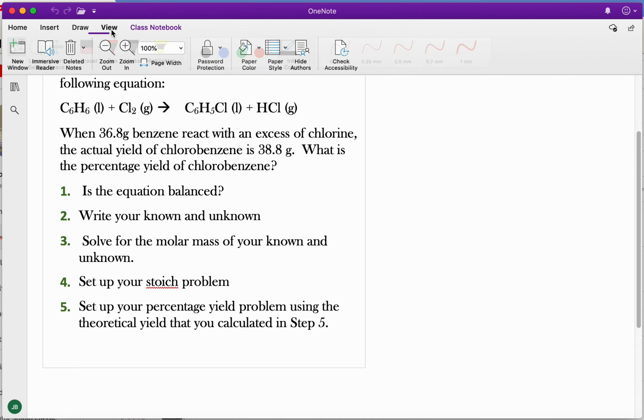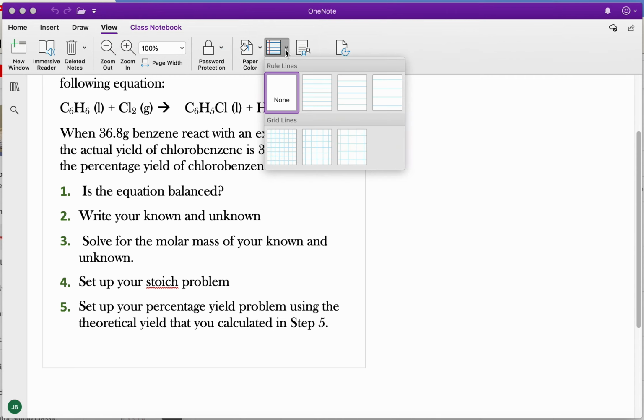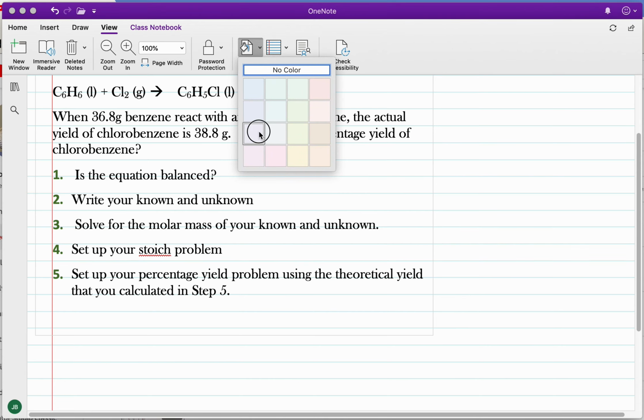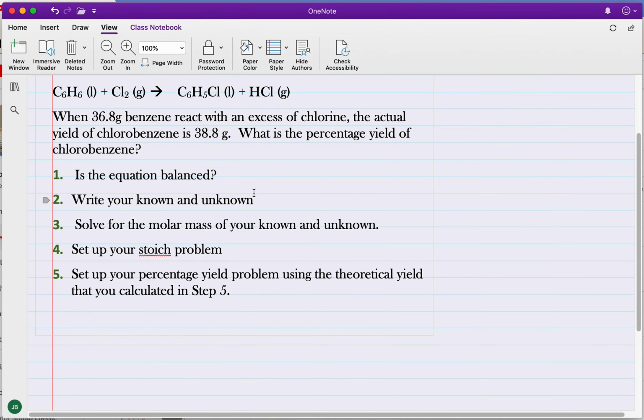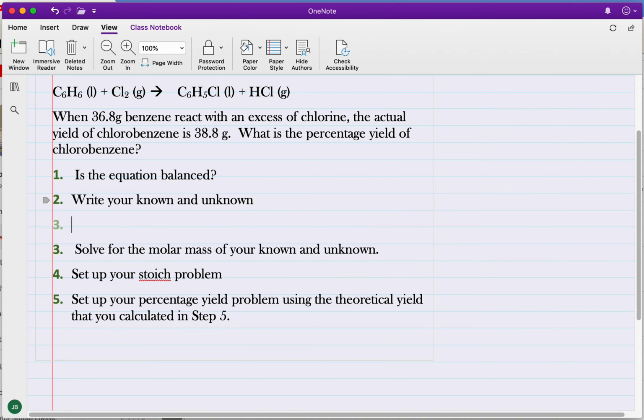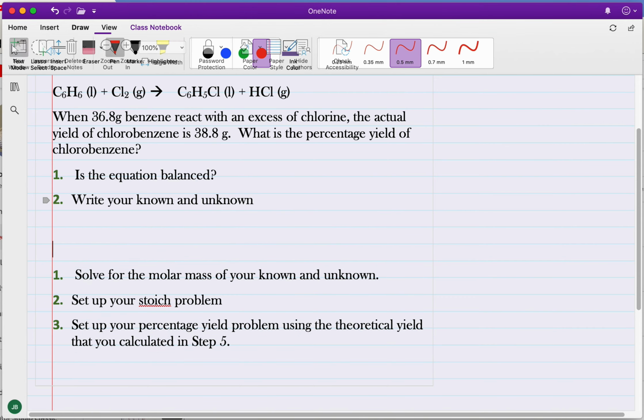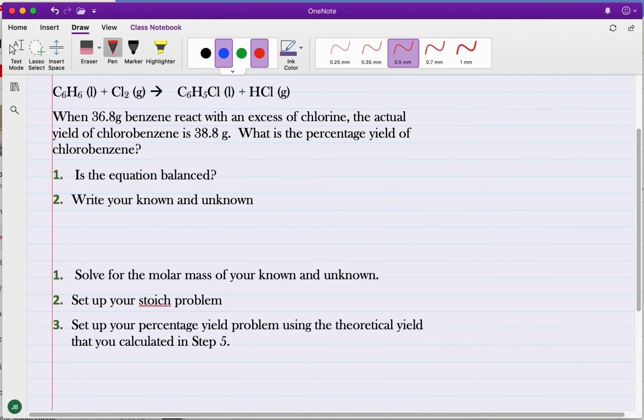So now let's go about writing our knowns and unknowns. Let's go ahead and do the blue. All right, so our knowns and our unknowns for this.